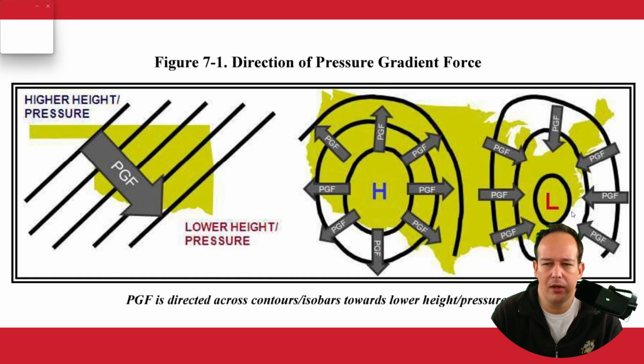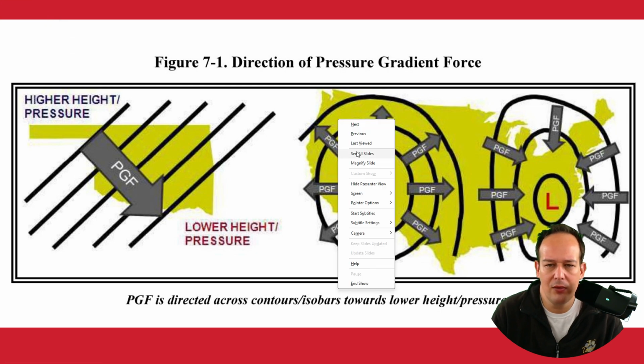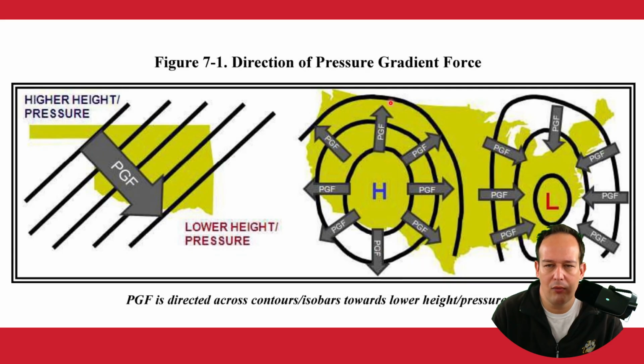If you don't remember, these black lines here, those are referred to as isobars, or if we're looking at a constant pressure chart, then they'd be called height contours. But either way, isobar, height contour, if you want to call them isobars, that's fine, that's what I do. But yeah, these isobars represent areas of equal pressure.